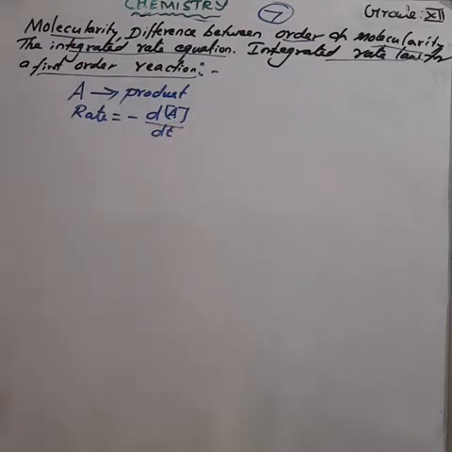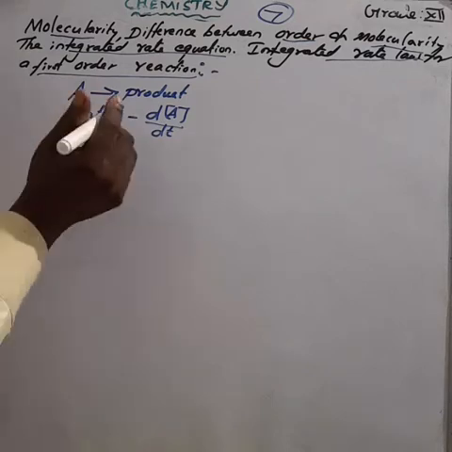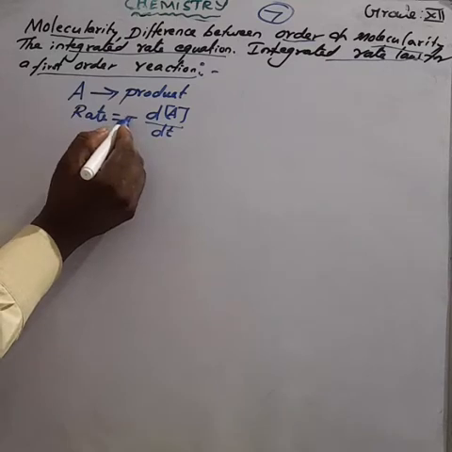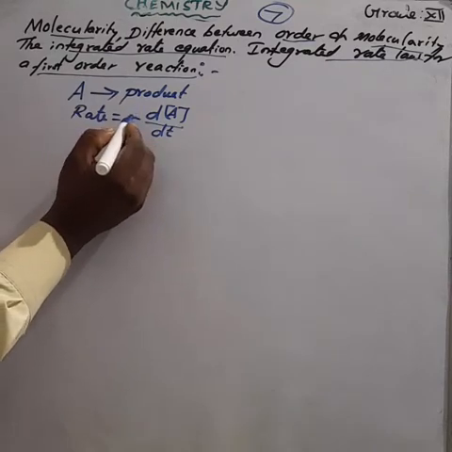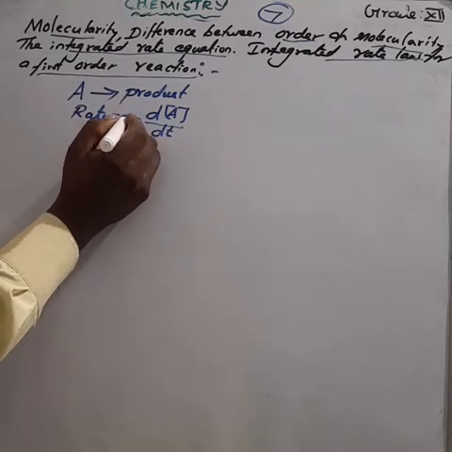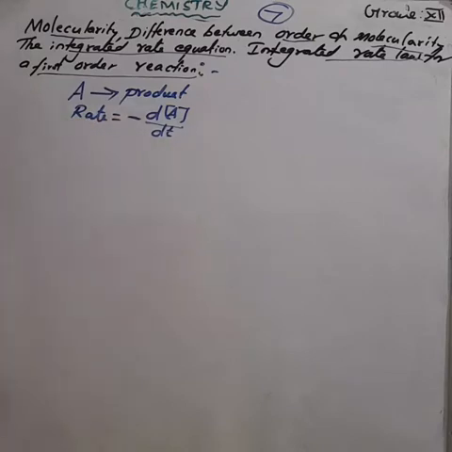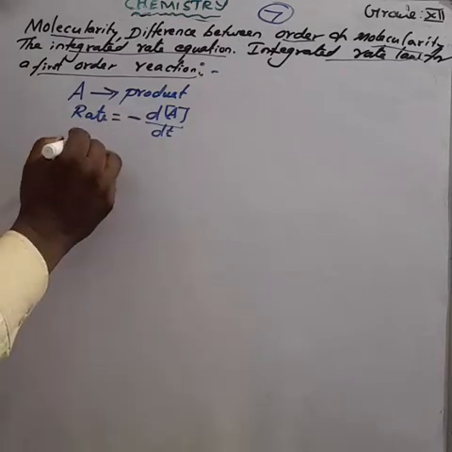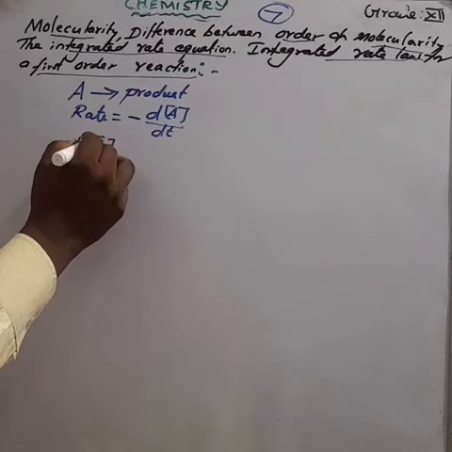This is one of the differential equations. Concentration decreases during change in time. That can be written as k[A]^x.